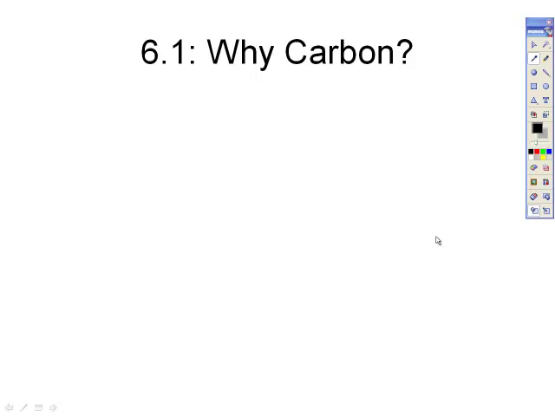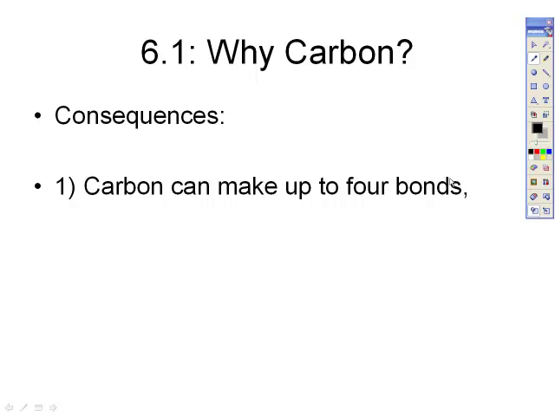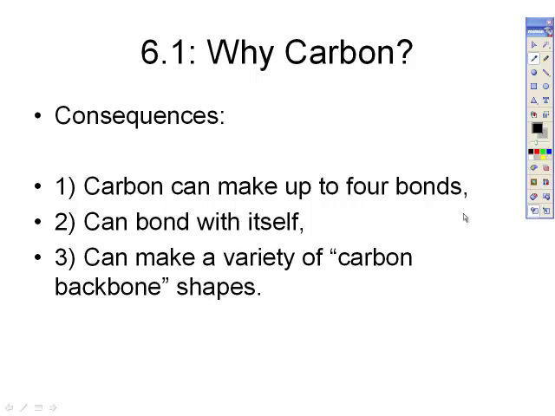So what's the big deal about carbon? Why carbon in this huge organic chemistry field? The consequences of sp3 hybridization are that carbon can make up to 4 bonds. We just said that, which is a big deal. That's a lot of bonds for one little atom. Carbon can bond with itself, which is also a big deal. That leads to those carbon backbones that are really long.